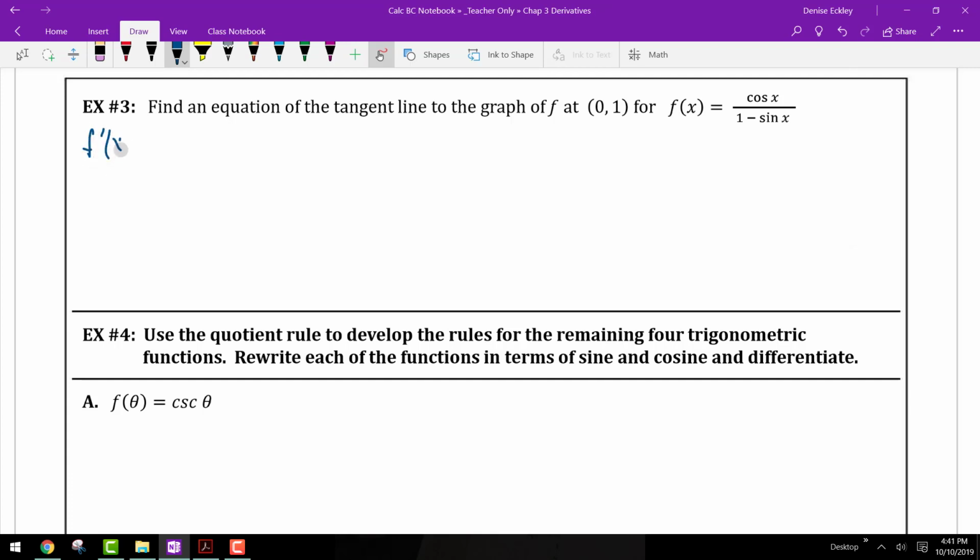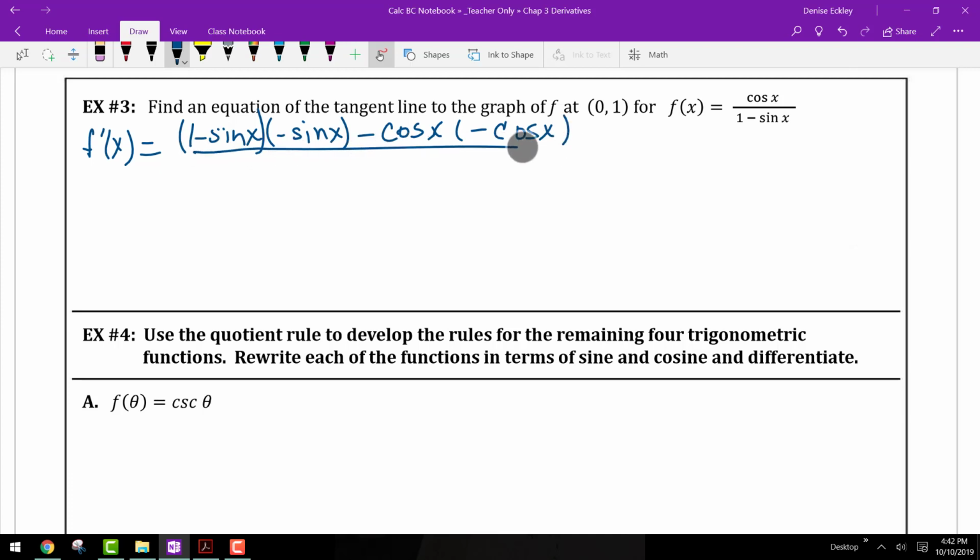So f prime of x is going to equal the denominator 1 minus sine x times the derivative of the numerator, which is negative sine x, minus the numerator, which is cosine x, times the derivative of the denominator, which will end up being negative cosine x.